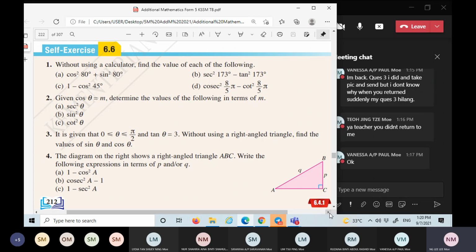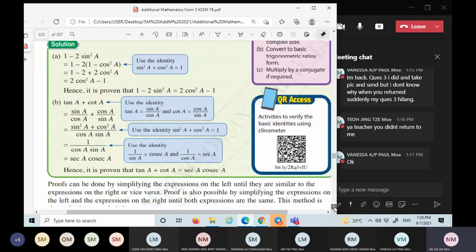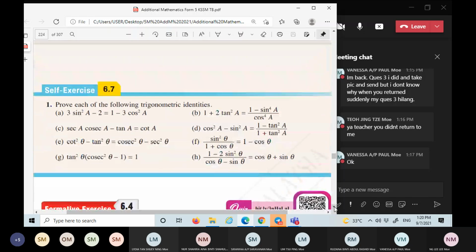No response, I assume no problem. If you have any problem, then WhatsApp me. Next, we go to 6.7. Proof. Can you prove or not? For proofs, I think the answer at the back is empty, unless you see the full solution. 6.7 has no answer, because proof is from left to right, right to left. For 6.6 and 6.7, you cannot find any answer at the back of the book, unless you go and see the full solution.